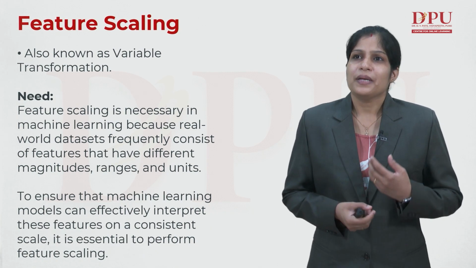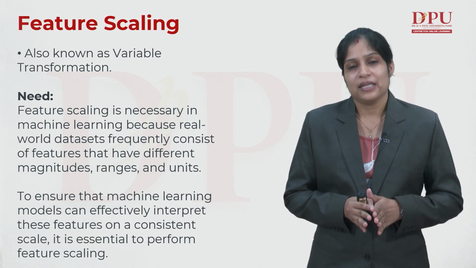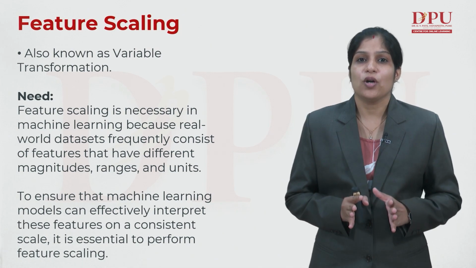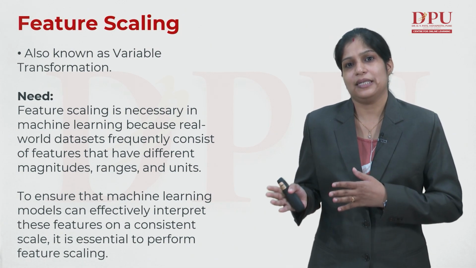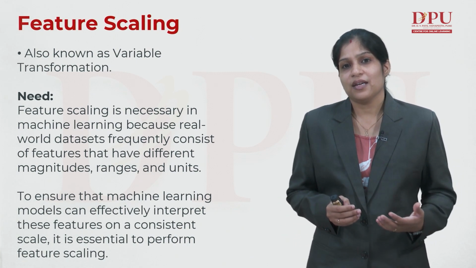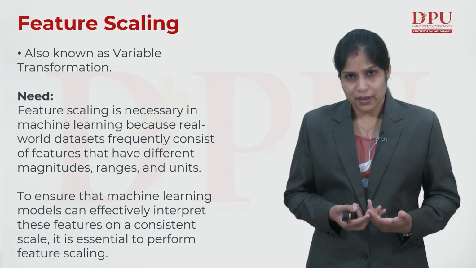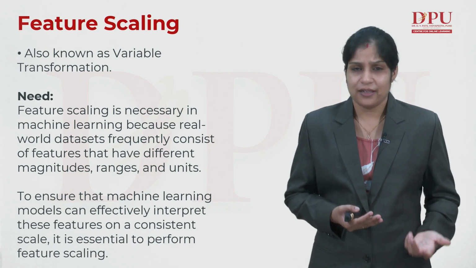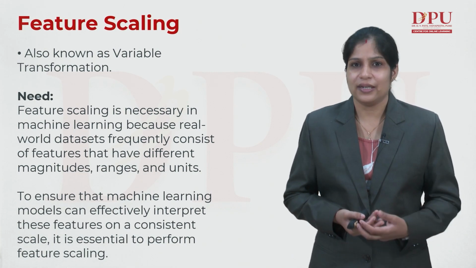If you make a model on a specific data set, it does not mean that the model is also applicable to other real world data sets. It is not like that. For each data set, we have to build a model using different algorithms of machine learning and artificial intelligence.